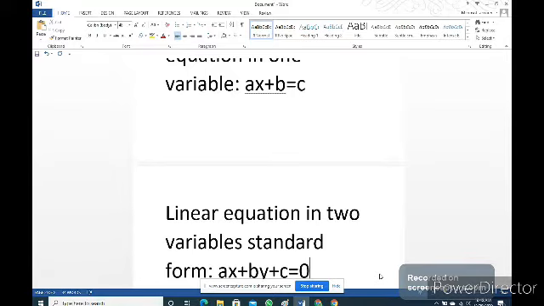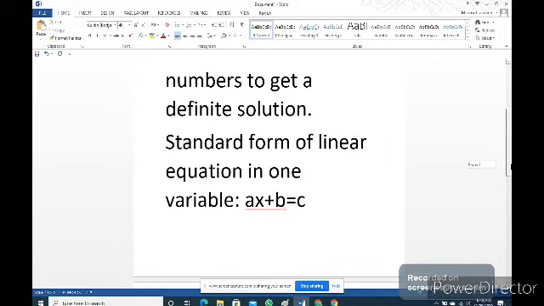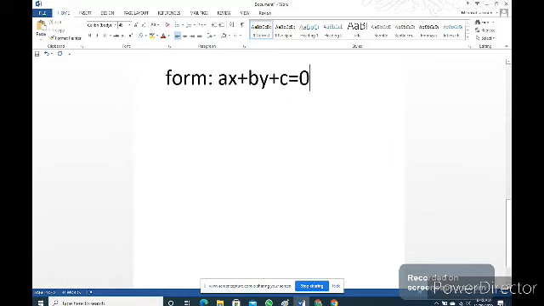Or else you can write it as ax plus by is equal to c. So now we have seen what a linear equation is and what the standard form is. Now let's try to solve.